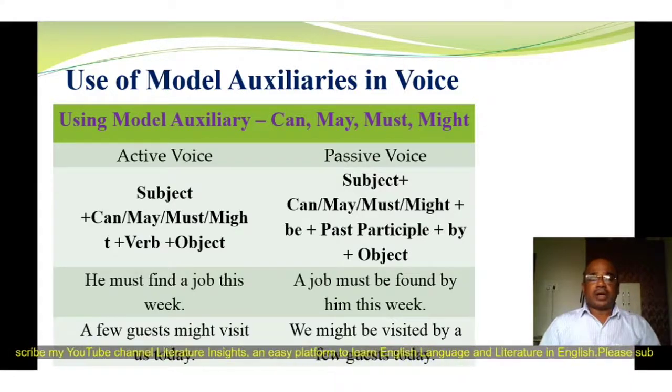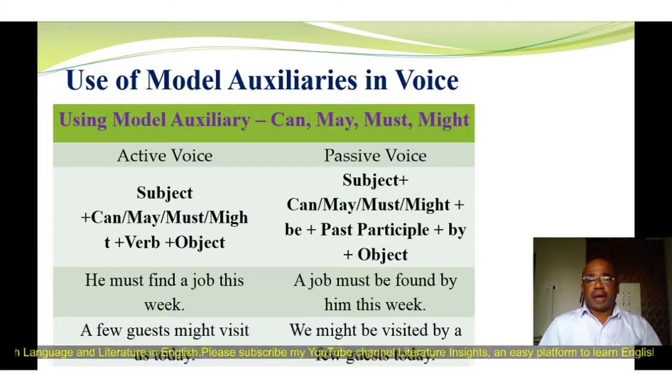He must find a job this week. So this is active voice. Here we can see the subject is active. And now in passive voice we have the example: a job must be found by him this week. So this is passive voice. Second example: a few guests might visit us today.